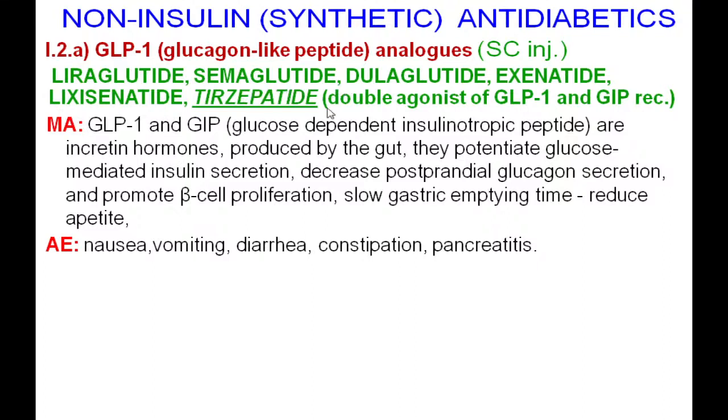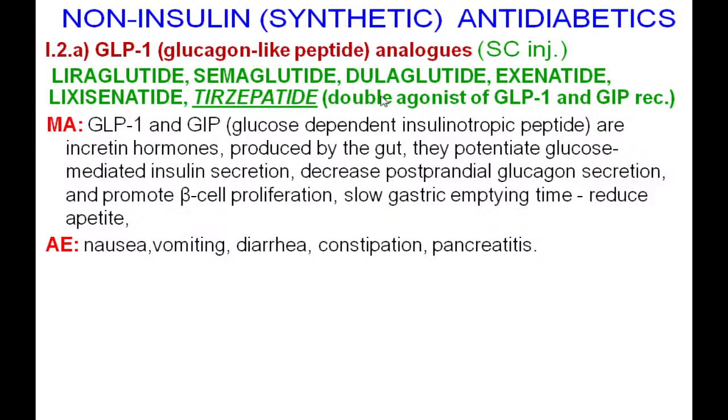Nowadays, we use analogs of GLP-1: liraglutide, semaglutide, dulaglutide, exenatide, lixisenatide, and the latest preparation, tirzepatide, is double agonist of GLP-1 and GIP receptors. This is the newest preparation.